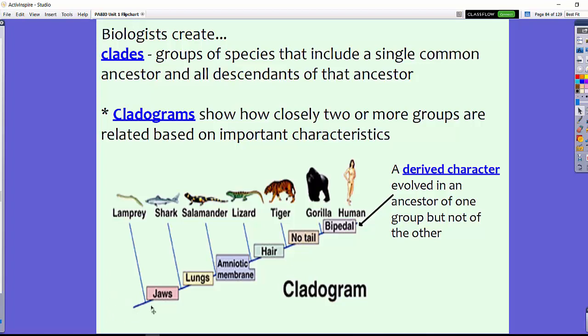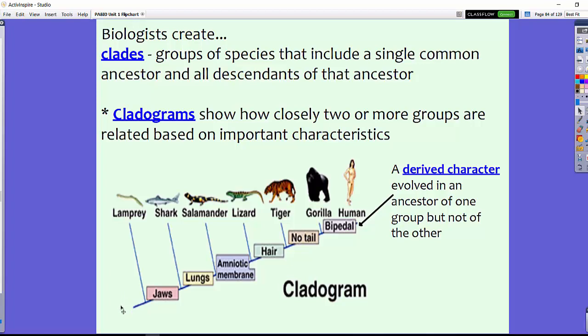And if we come up along this track, where we have all of these characteristics, these are called derived characters. We're going to take a look at all these derived characters that have developed in one group but not another group. And so that's where we can say, there's a common ancestor here that has developed this derived character that now allows us and all of those following species to have that character.